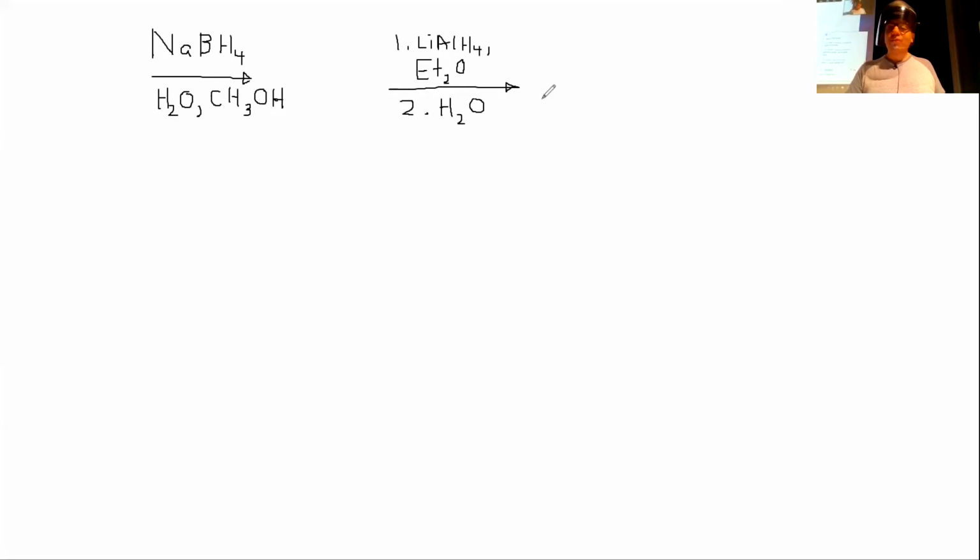So these are the two different reagents. Sodium borohydride is a milder reducing agent. Lithium aluminum hydride is the more reactive reducing agent. And we said with aldehydes and ketones, these two are interchangeable. So either of them will react with aldehydes or ketones. All right, aldehydes.